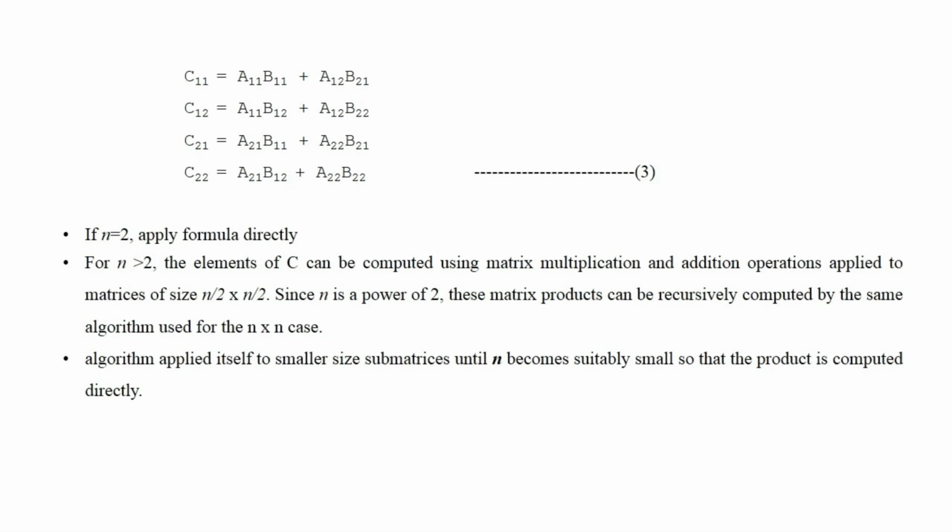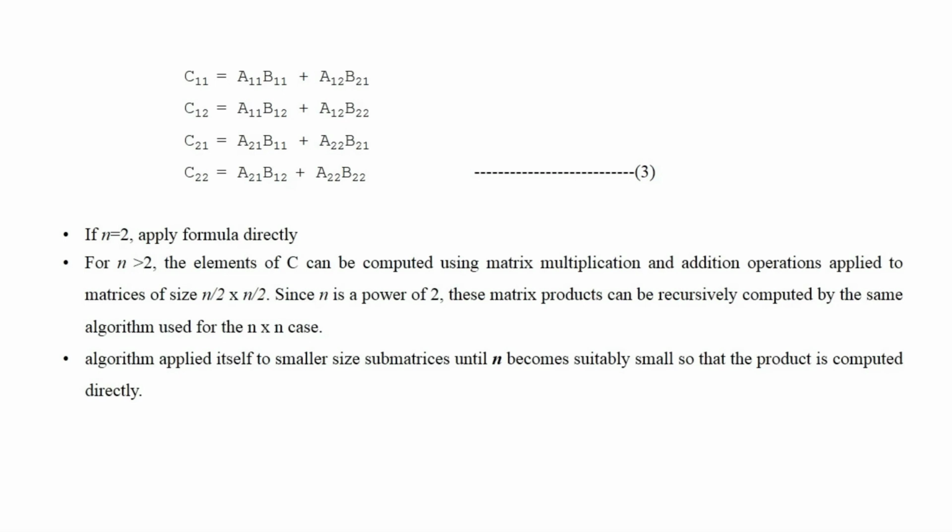So if n is equal to 2, you can apply the formula directly. When n is greater than 2, the elements of C will be computed by using matrix multiplication and addition operations applied to matrices of size n/2 cross n/2.